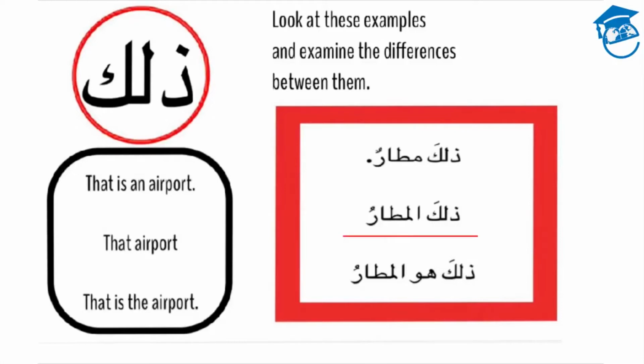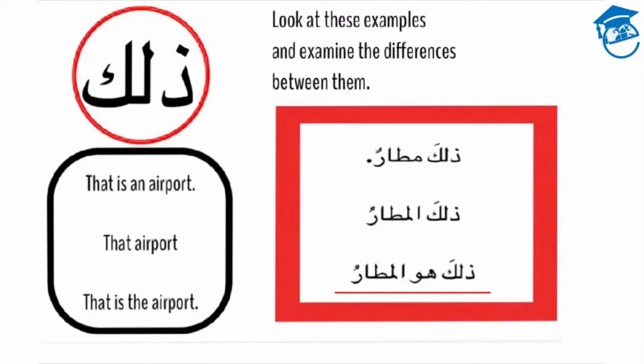In the second example, we have dhalika el-mataru. Dhalika is the ism el-ishara, meaning that, followed by a definite, masculine, singular noun, el-mataru. It only contains one vowel marker at the end because it is definite. It's no longer a sentence, but merely a phrase. Dhalika el-mataru means that airport.